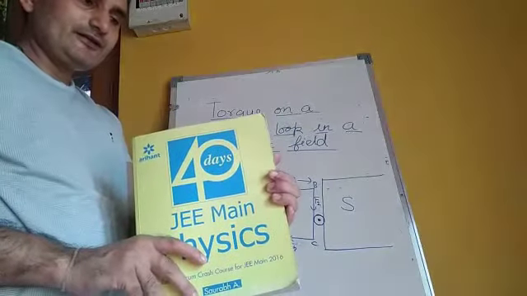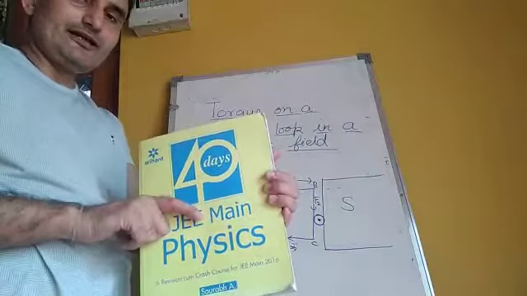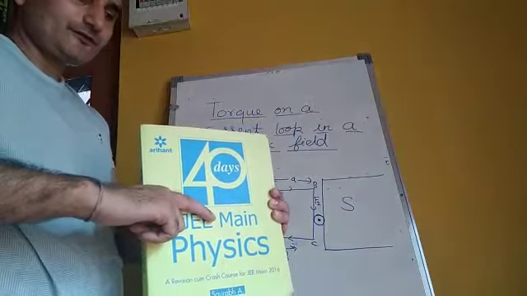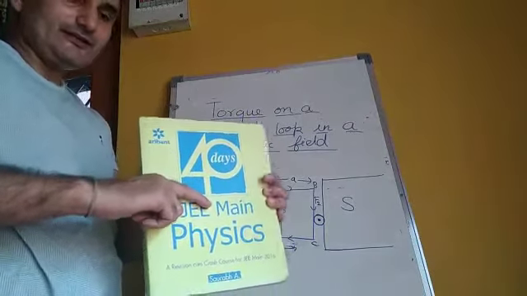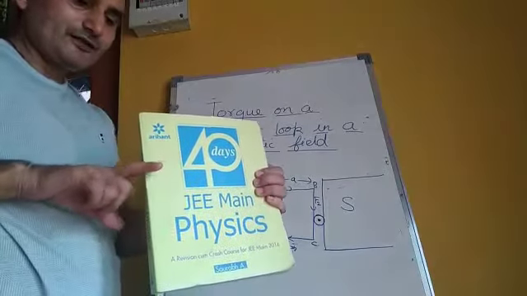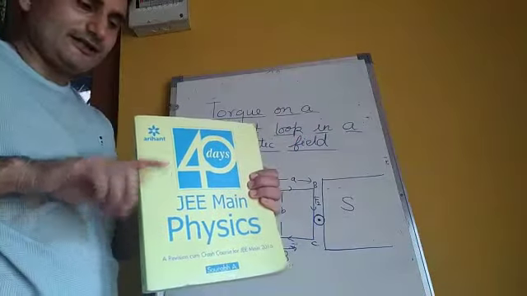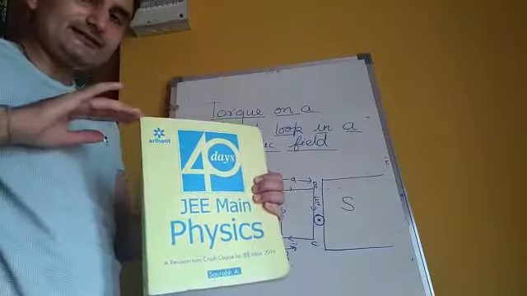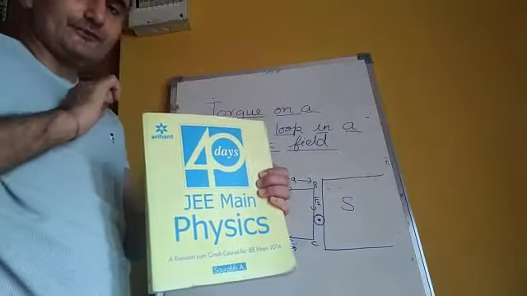Now if we take this coil at some angle, so that we tilt it, what will happen? Magnetic field is along this direction and the current in this side is from this point to this point.